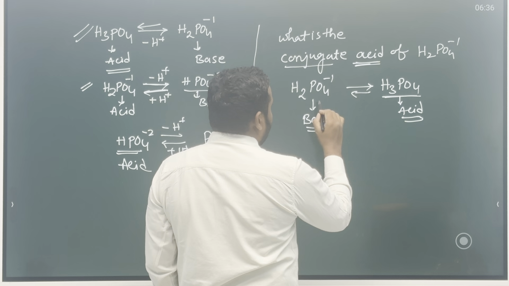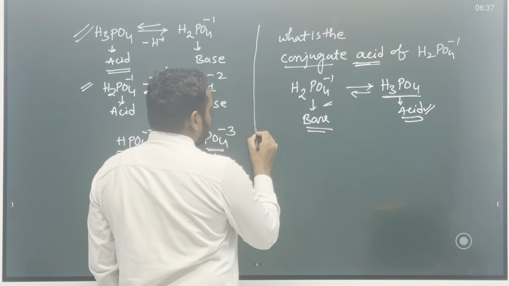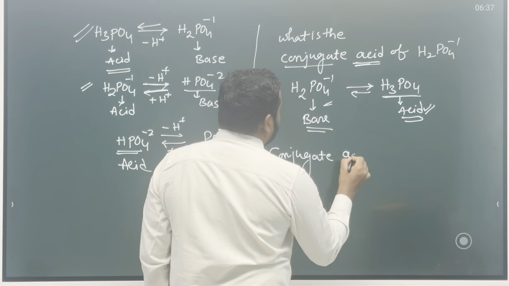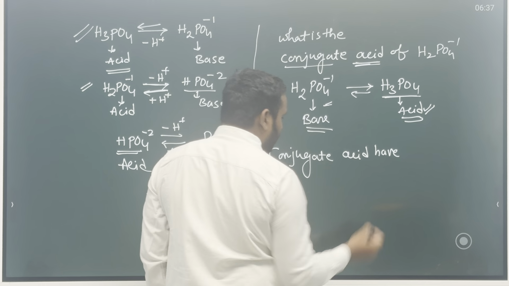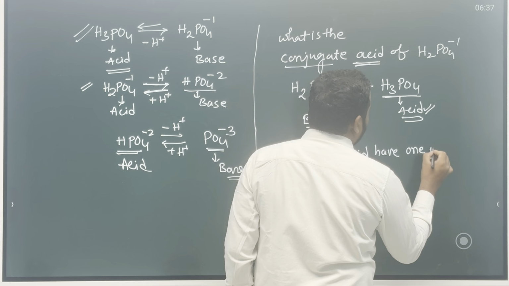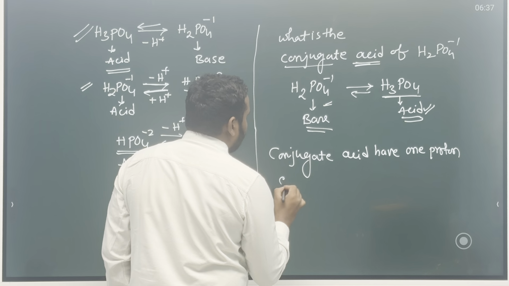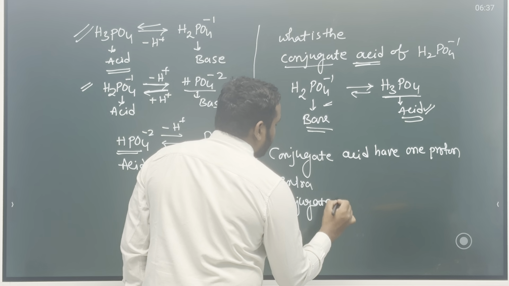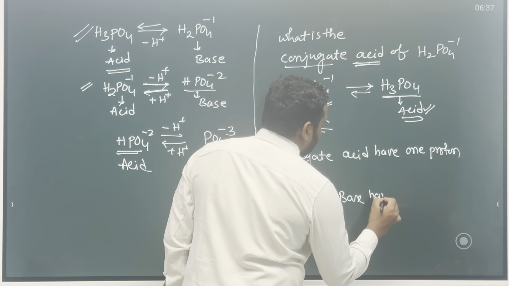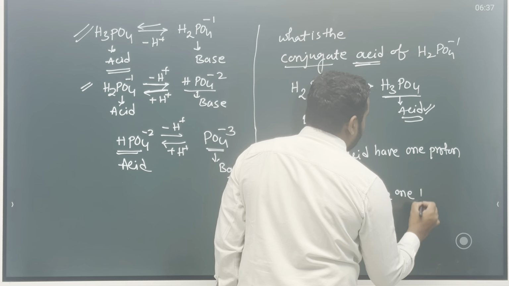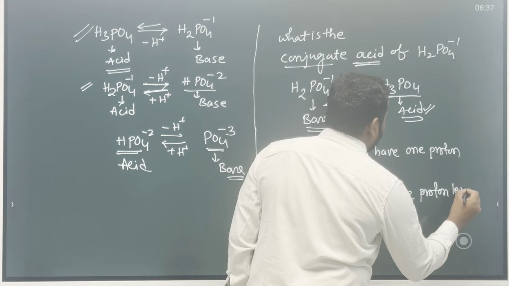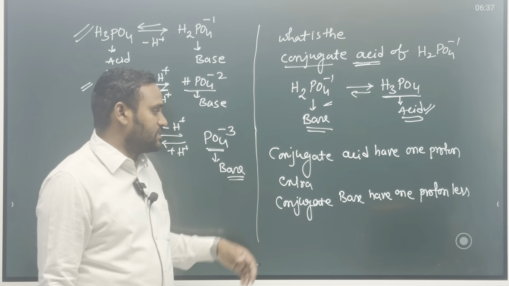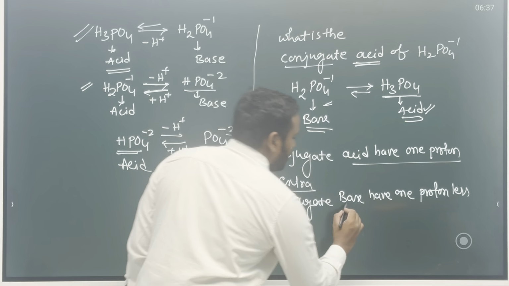Conjugate acid has one proton extra, conjugate base has one proton less. Conjugate acid has one proton extra, conjugate base has one proton less.